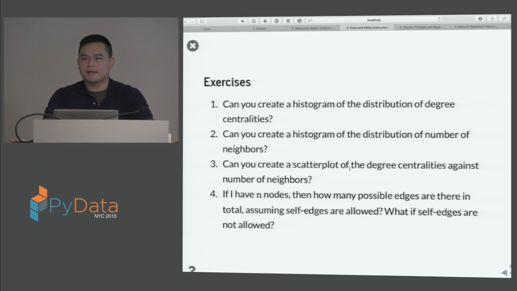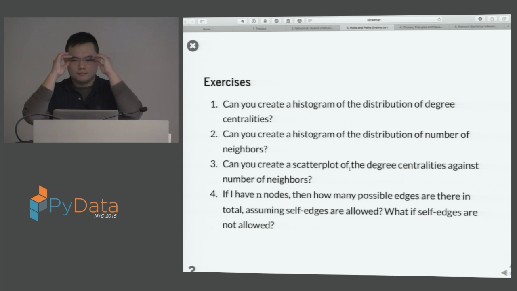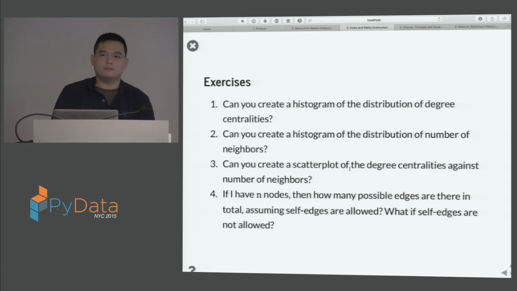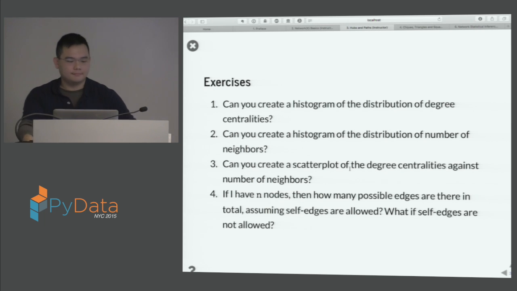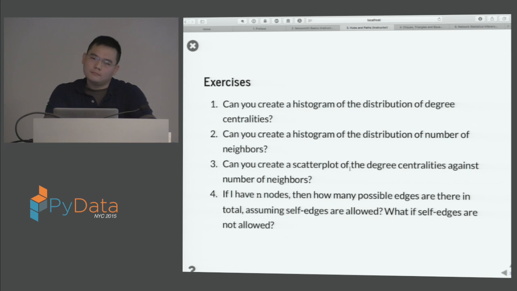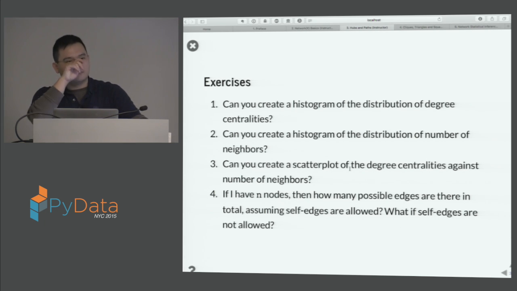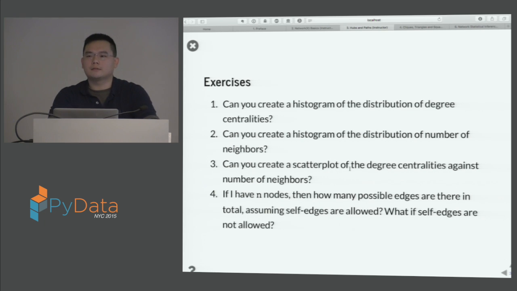Because question 4 was answered, we're not going to go through that today. If you'd like to, you could also compare your answer against the instructor notebook to see whether you got roughly the right answer.